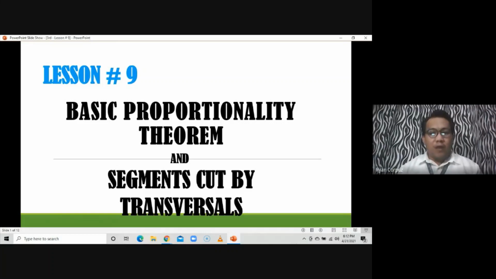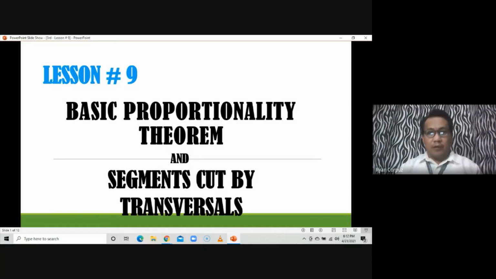So what are the things that you will expect in this lesson? Here you are going to apply how the basic proportionality theorem is applied in given examples, same as with the application of solving problems which involve segments cut by transversals. The knowledge that we need in order to solve these problems is your knowledge about solving proportion.